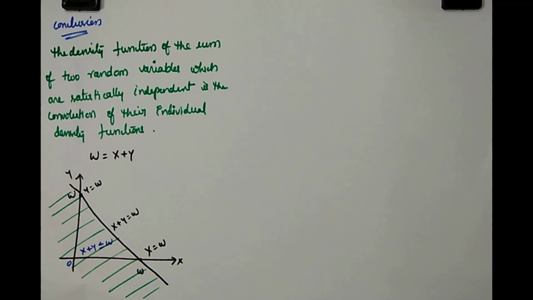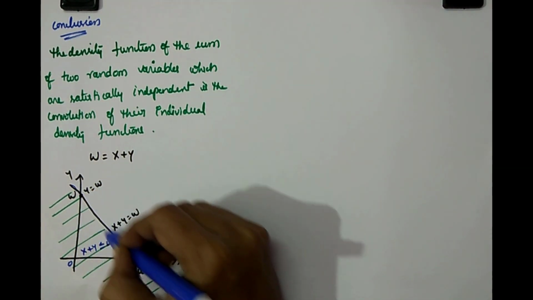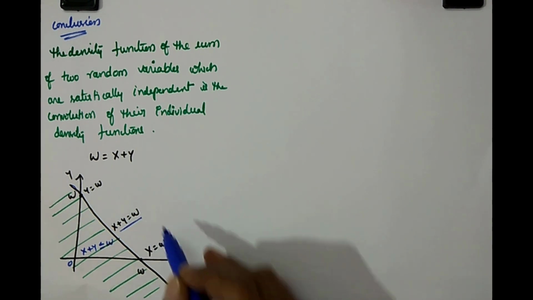So this graph shows the region for which X plus Y is less than or equal to W. And this is the line that shows X plus Y is equal to W.